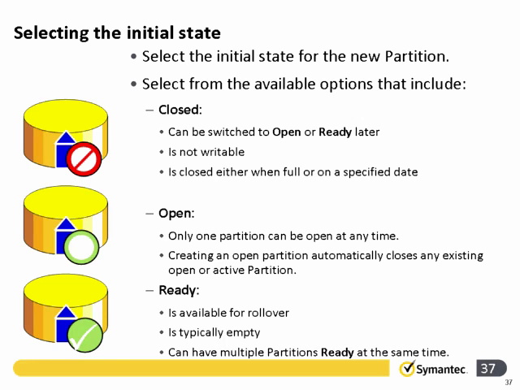So when it's ready, it's typically empty, and you can have any number of ready partitions. These ready partitions can be any number of partition types, and you can actually set up the order in which the currently open partitions roll over to those ready partitions. And we'll see some examples of that a little bit later in the lesson.